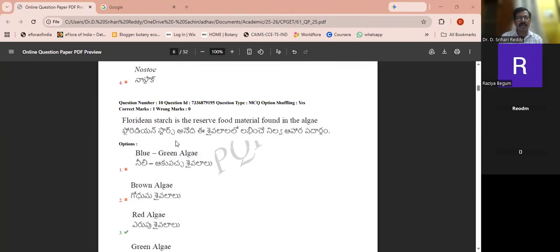Next, Floridean starch is the reserve food material found in which algae? There are different kinds of algae, as I just told you: Chlorophyceae, Phaeophyceae, Rhodophyceae. They have different types of reserve food material.